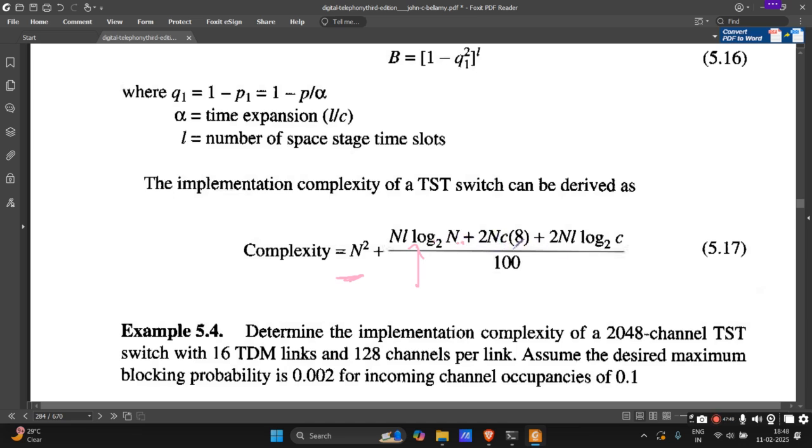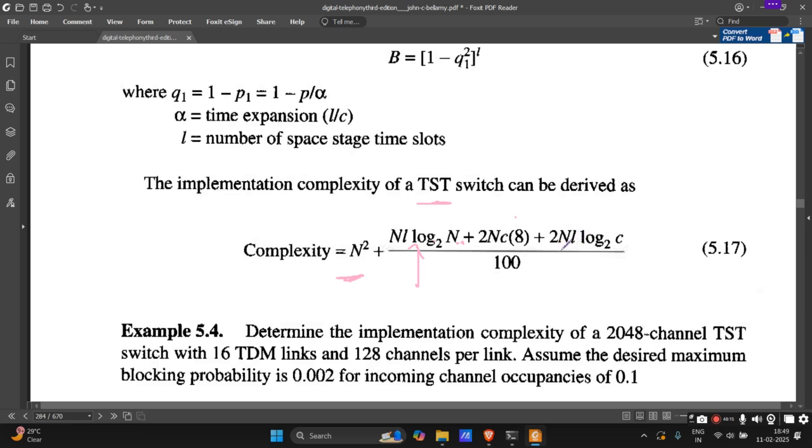Now in the time stage, whatever memory is required, you have to multiply it by 2, because there are 2 time stage switches, because it is a TST switch, time space time switch. So 2 into number of inputs n and number of channels c. So NC data packets can be sent, and each will be in 8 bit format. So 2 into NC into 8 is the memory.